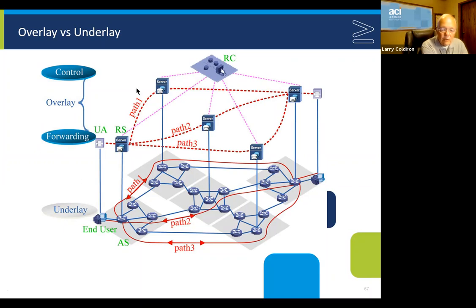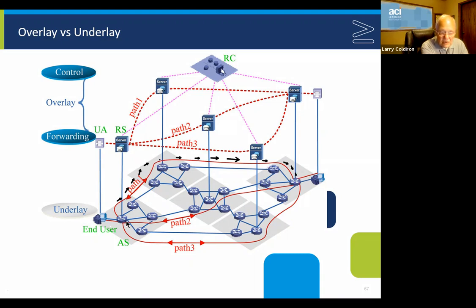What we might have here, we have path 1, server to server, path 2, path 3. But through the physical devices, what might the paths be? And path 1 here, going with a virtual device, we have to have at some point a physical path.